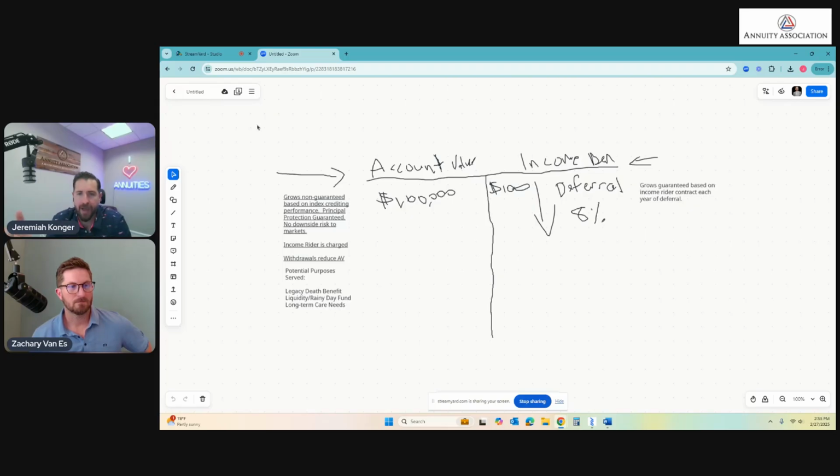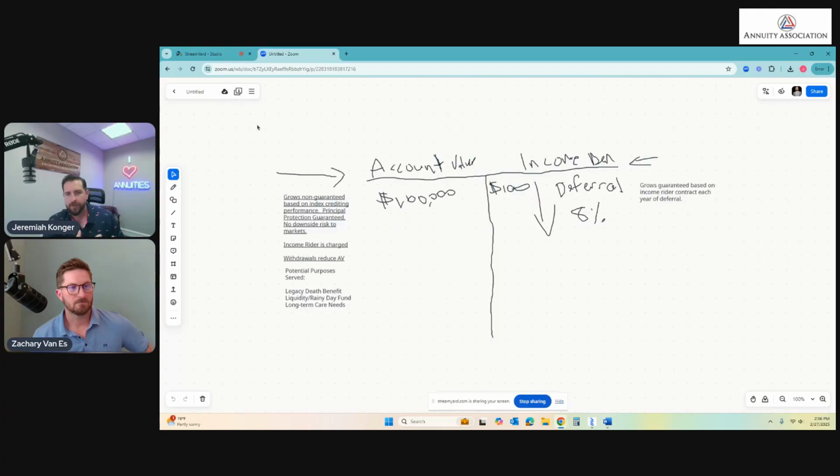And the other factor that goes into determining the overall guaranteed income would be the income benefit base amount. So whatever that's grown to on a guaranteed basis after the bonus and after the roll-up rate's been applied each year. The last factor that goes in is what's called the payout percentage, or the withdrawal rate, or the payout rate. So they all refer to it as different things, but it's essentially a percentage of the total income benefit value.